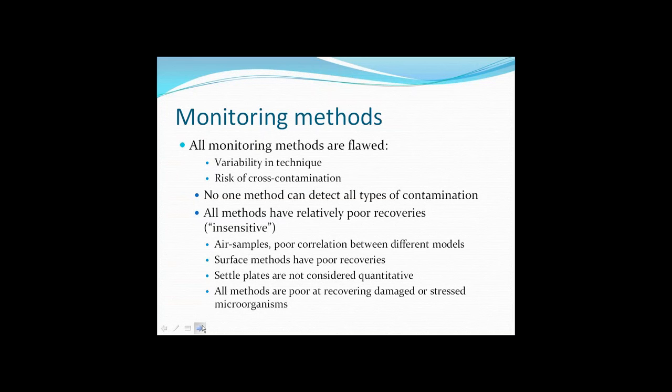And similarly with surface methods, generally these have poor recoveries. A contact plate maybe picks up 50% of what's on a surface, a swab moving down to the lower regions of 20-25%. And then there are concerns with disinfectant neutralization and the problems in finding a universal disinfectant neutralizer.